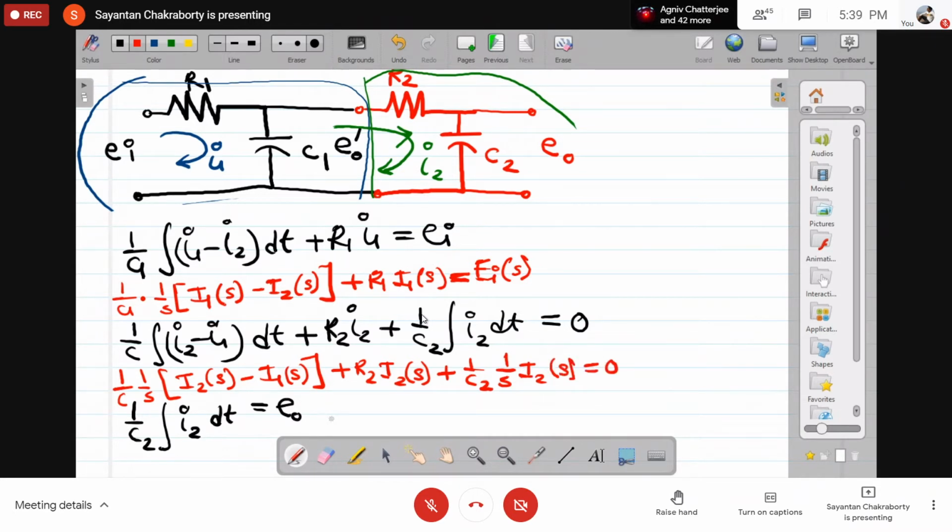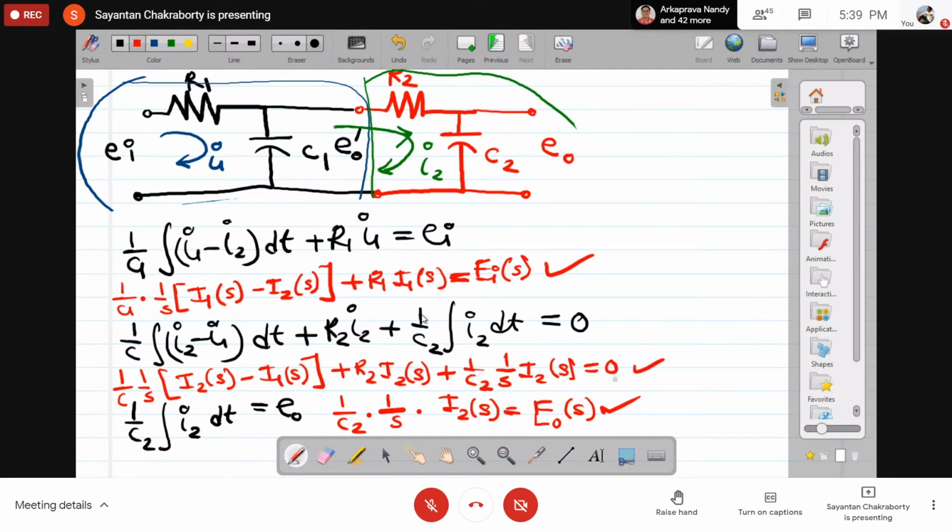Right? And from this, what you'll get is 1 by C2, 1 by S, I2(S) is equal to 0.